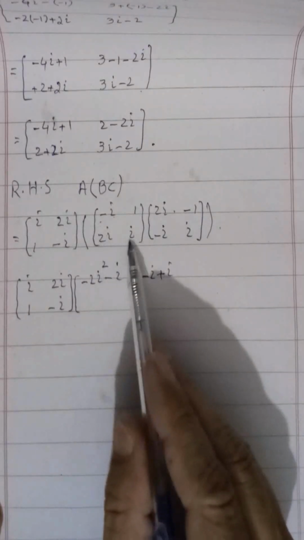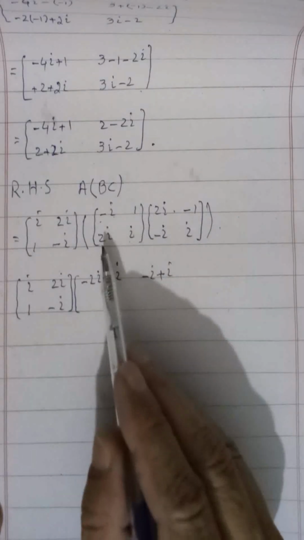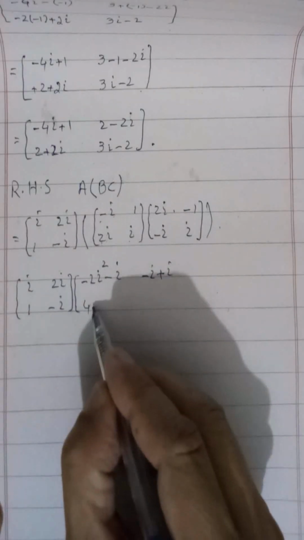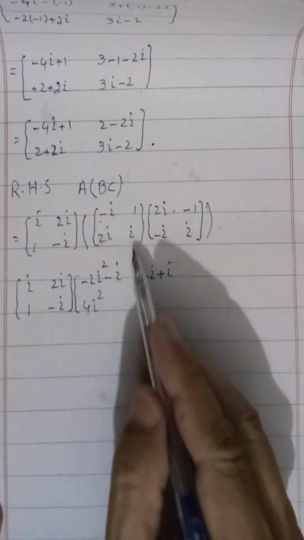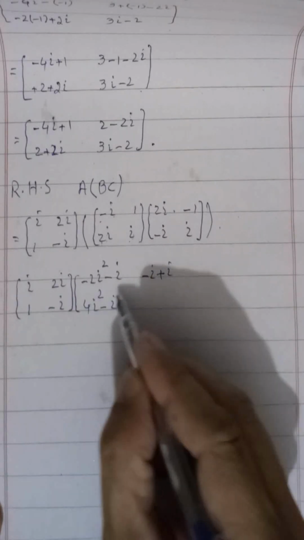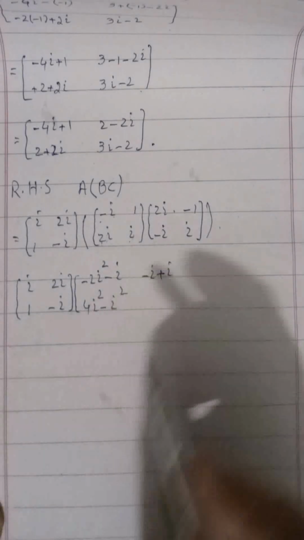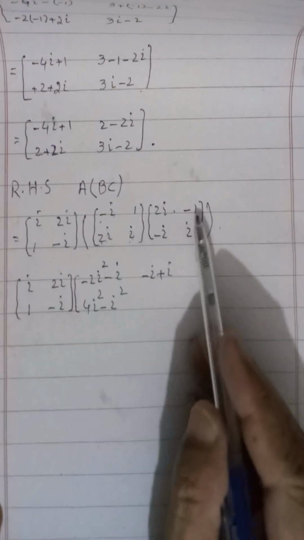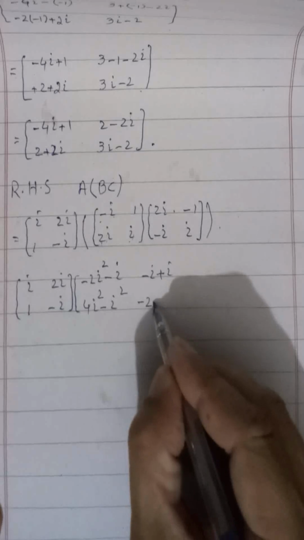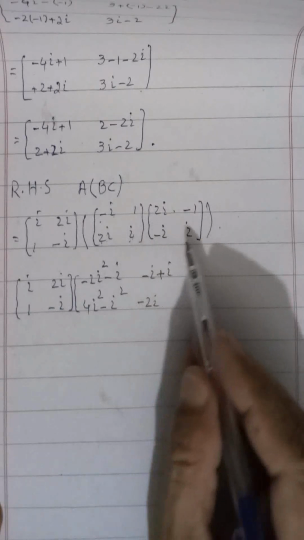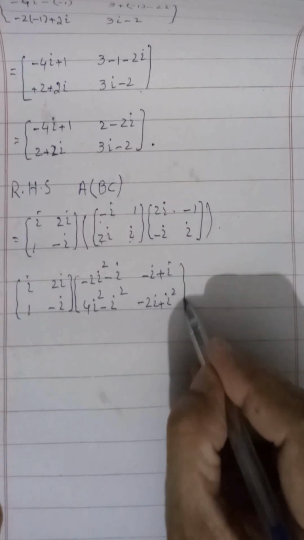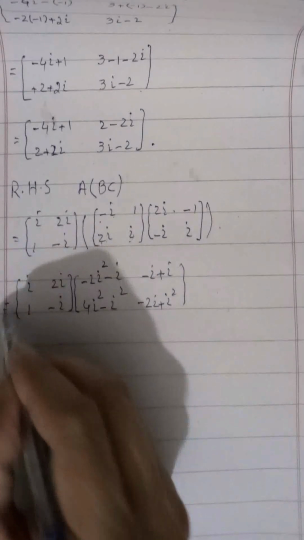Now we multiply second row with first column. 2 iota multiplied by 2 iota is equal to 4 iota square. Iota multiplied by minus iota is equal to minus iota square. And the second row and second column is 2 iota multiplied by minus 1 is equal to minus 2 iota. Iota multiplied by iota is equal to plus iota square. Now we simplify these values.